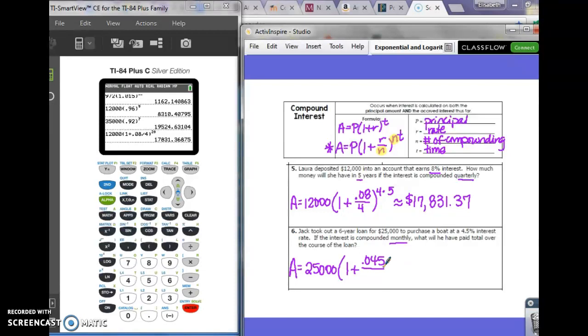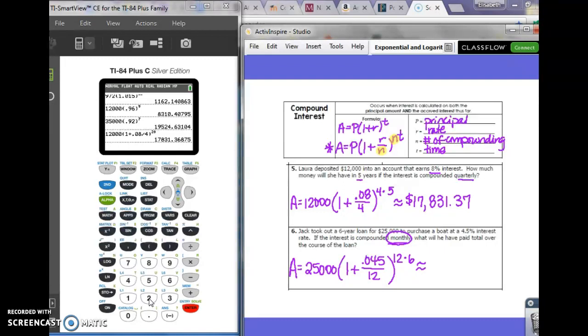Again, N is the number of compoundings, how many times interest is being calculated a year. And this time it's monthly, so that's going to be 12 months in the year. That same 12 that's in the denominator is also in the exponent as the power. And since he wanted the loan for 6 years, that's 12 times 6.